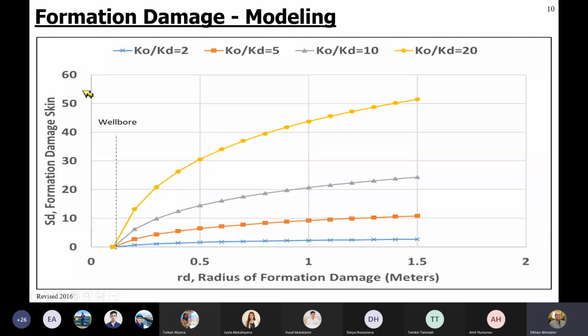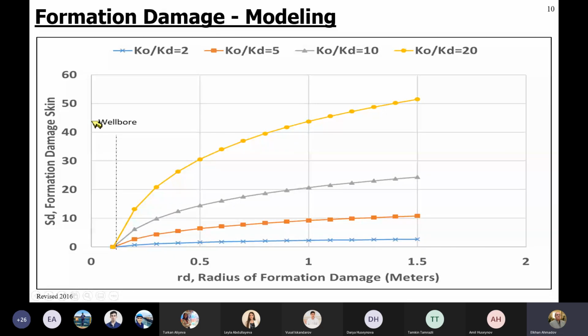As we go off the wellbore, as the radius of damage is increasing, this ratio is valid, for example, in this case for half a meter. In this case it is 1 meter. So at the 1 meter distance from the wellbore, we have reduced permeability that is 20 times less than the original reservoir permeability. And in this case, skin is about 43 for this case.